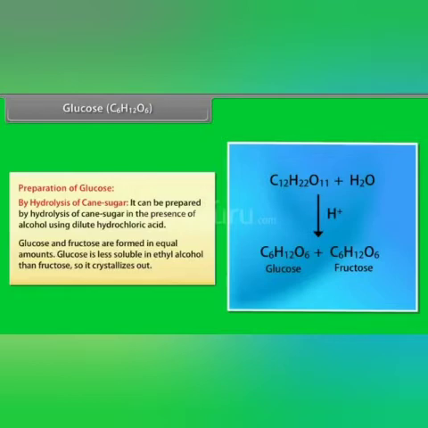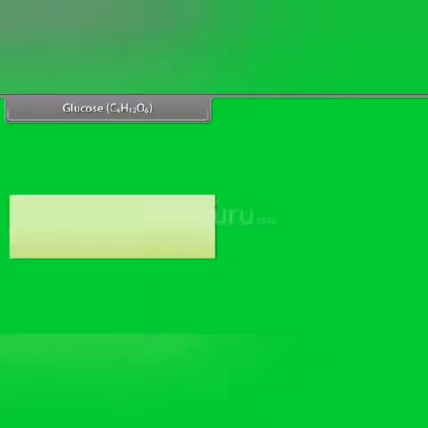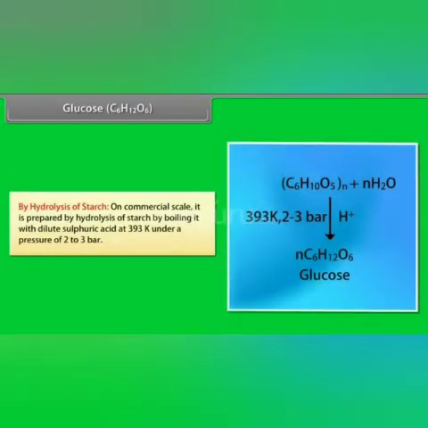Glucose is less soluble in ethyl alcohol than fructose, so it crystallizes out. By hydrolysis of starch: on a commercial scale, it is prepared by hydrolysis of starch by boiling it with dilute sulfuric acid at 393 Kelvin under a pressure of 2 to 3 bar.